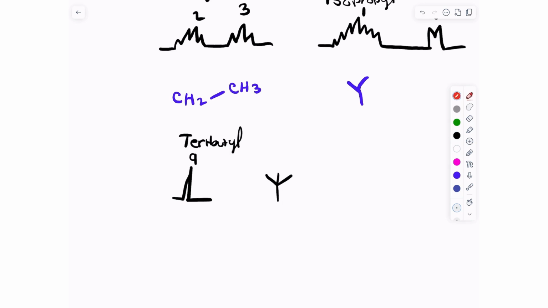But if you notice, this carbon here has no room for hydrogen, so therefore it has no signal. These signals here are all the same, and there happen to be 9 hydrogens here, but they have no neighbor. So if you have no neighbor, that means that you're a singlet. You only have 1 peak.